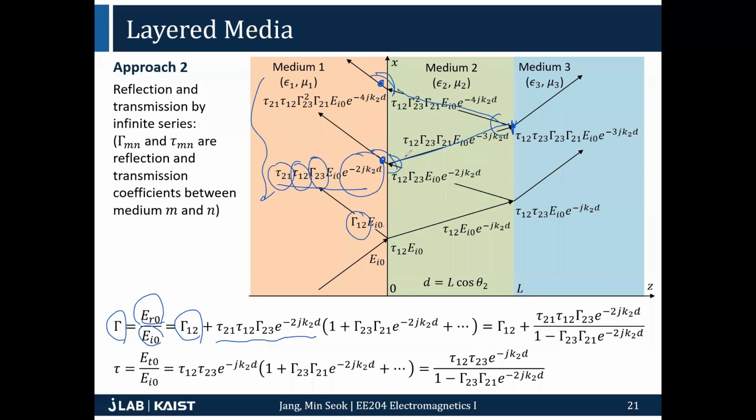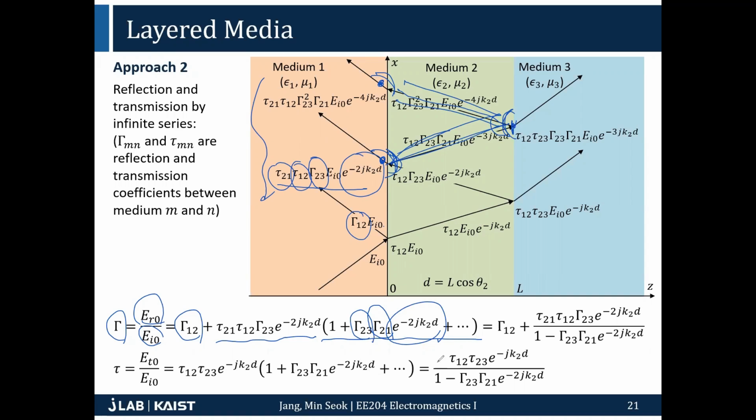So what it actually has is one more reflection at this boundary and one more reflection at that boundary, and two more propagation. So one more reflection 2,3, another reflection 2,1, and two propagation, e to the minus 2jkd. And then that goes forever, right?